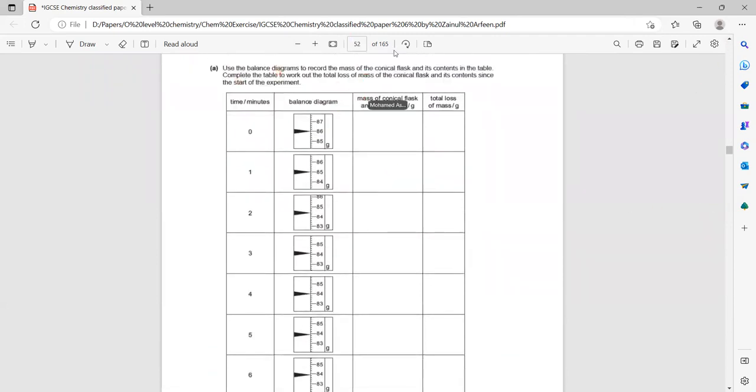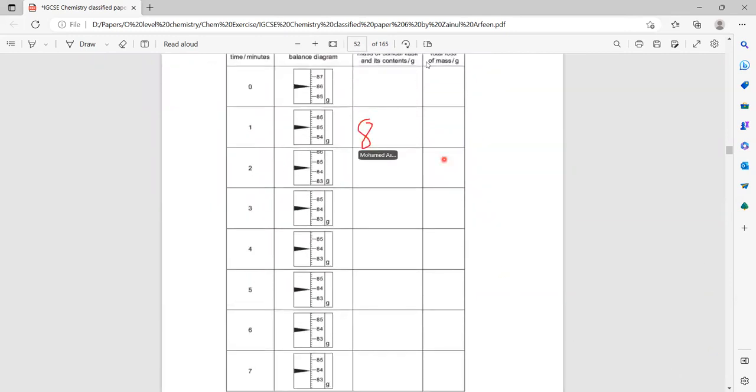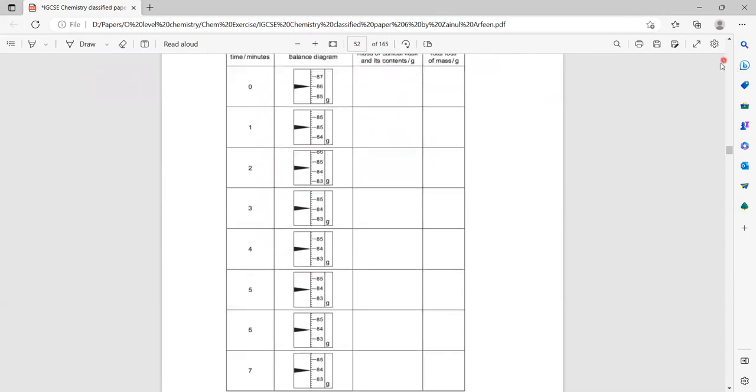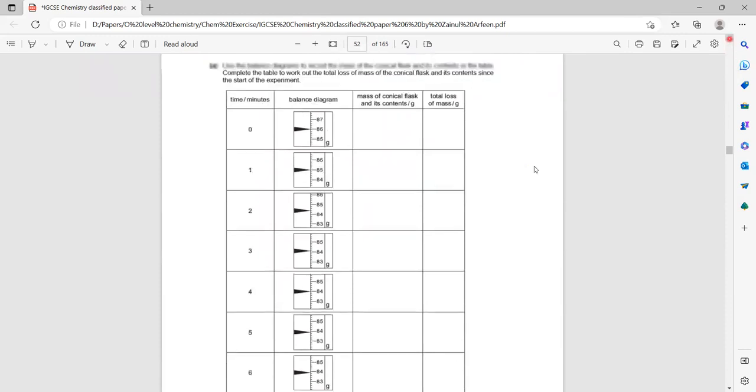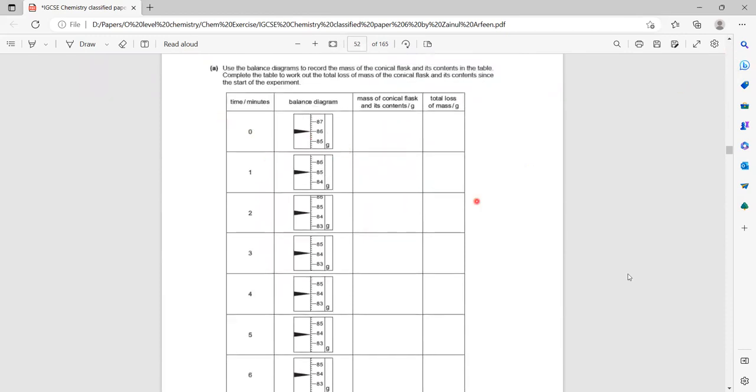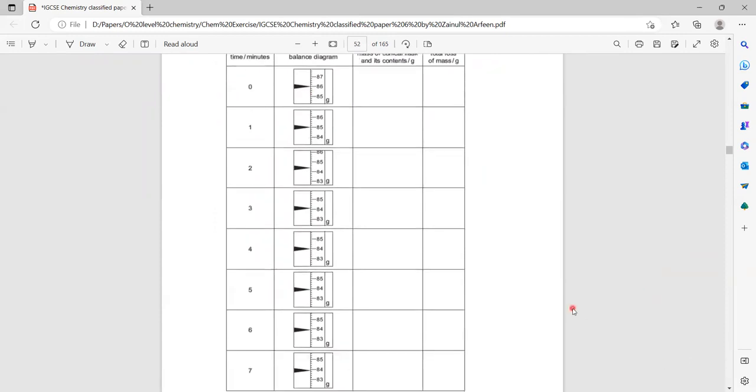So use the diagram to complete. This one is the mass of the content in the beginning. Like here, mass of a conical flask and its content and the total mass loss. This is at the beginning of the experiment. So you can use the screen annotation to complete this. The first one is 86.0.